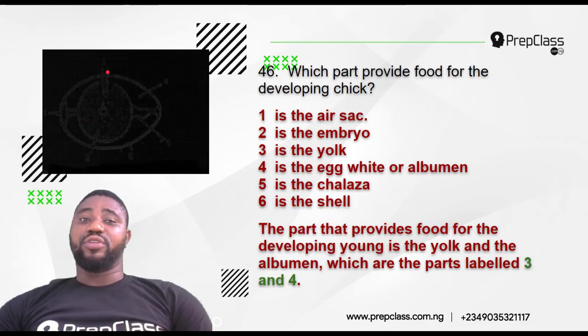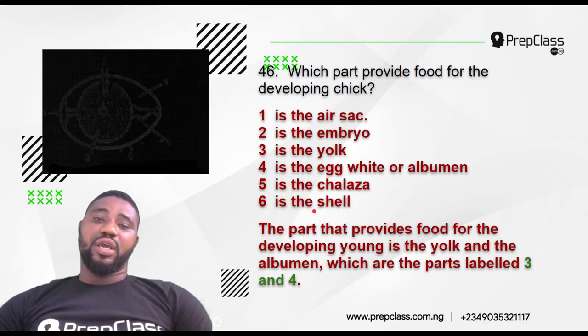This is the diagram of the longitudinal section of the internal structure of an egg. So part labeled 1 is the air sac, part labeled 2 is the embryo, part labeled 3 is the yolk, part labeled 4 is the egg white or albumen, part labeled 5 is chalaza, part labeled 6 is the shell.